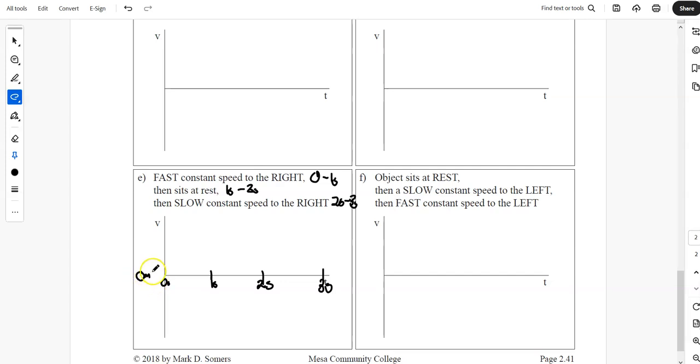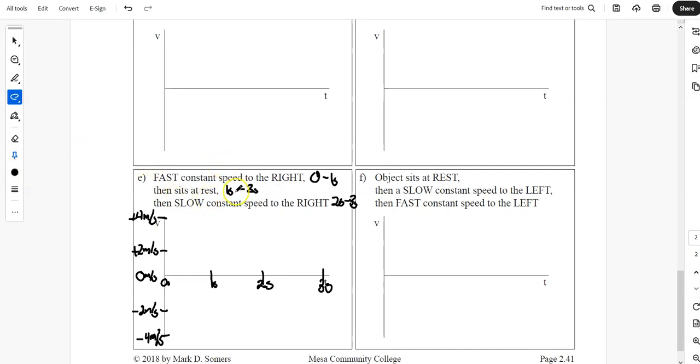This is the 0 meters per second. This is positive 2 meters per second. This is positive 4 meters per second. Negative 2 meters per second. Negative 4 meters per second. Okay, so once I've got that set, now I'm going to go ahead and approach it.